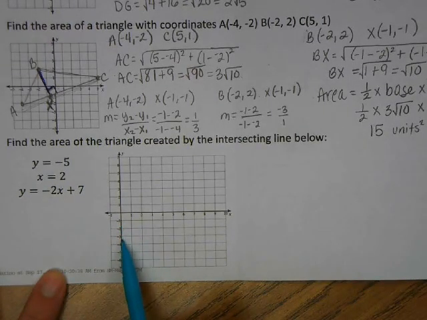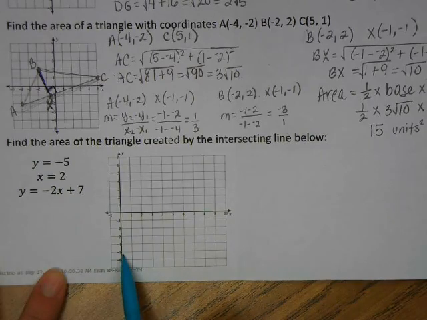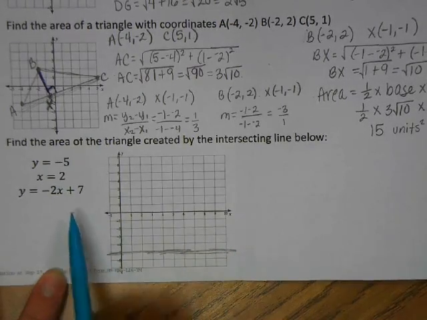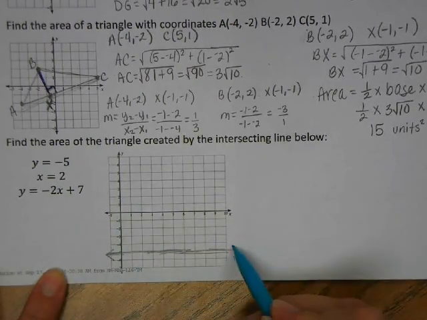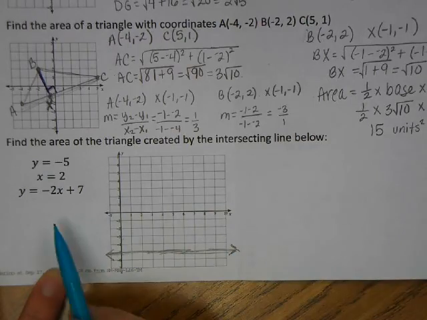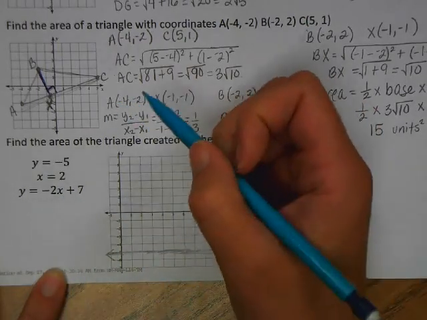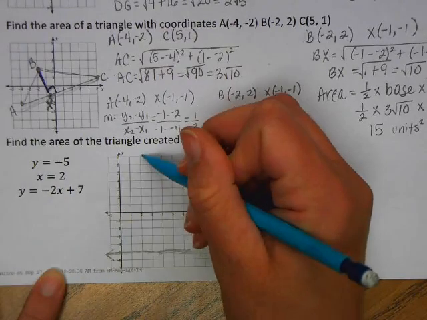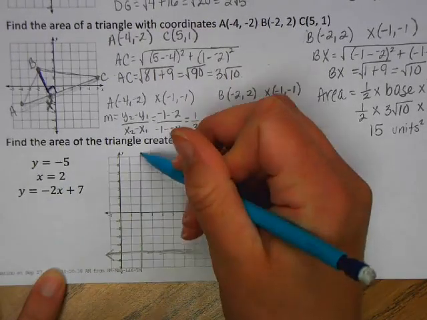So go down to -5 on the y-axis and draw your horizontal line. And then x equals 2, that is a vertical line. So go over to x equals 2 and draw your vertical line.